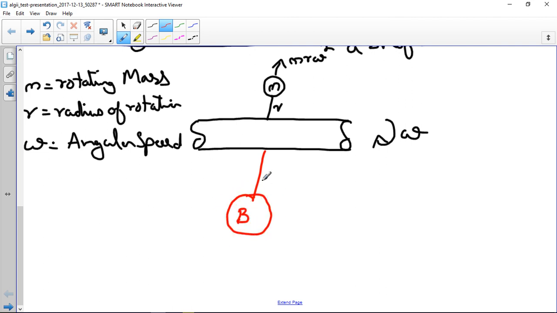We notate the mass of that balancing mass as capital B for balancing, and its radius as small letter b. This will counter the centrifugal force, but it should be done in such a way that both the centrifugal forces are equal. So this will pull with another centrifugal force, B into b into omega square. Omega remains the same because both are attached to the same shaft.